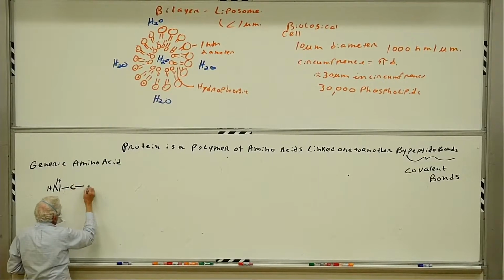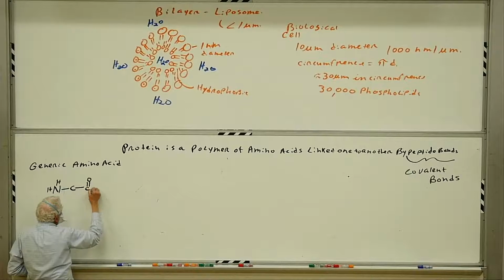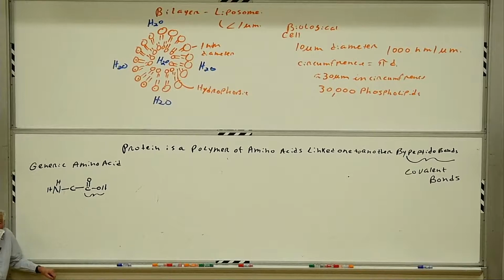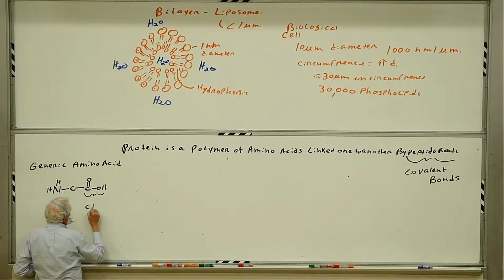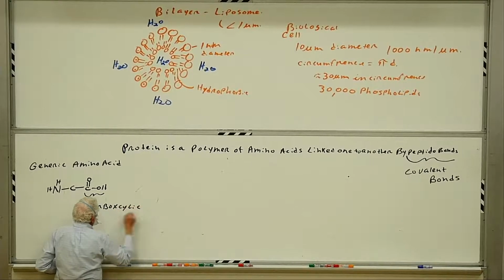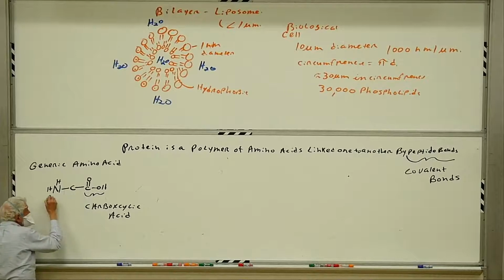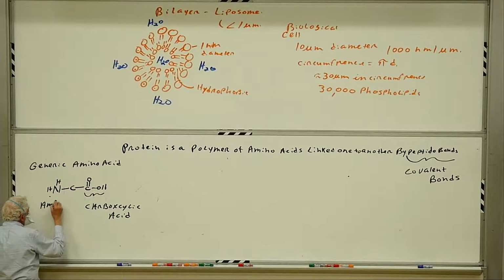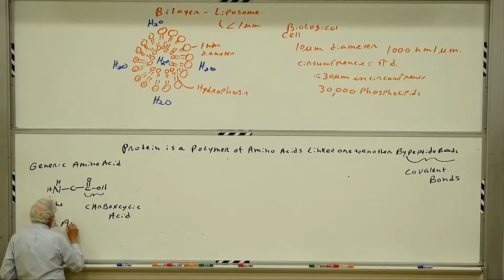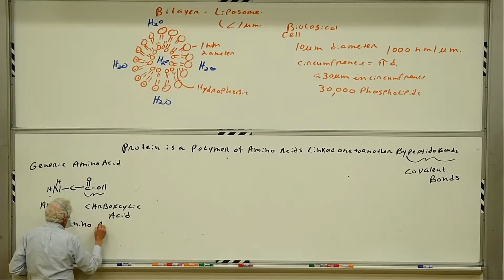That carbon is linked to another carbon with a double bonded oxygen and an OH. You'll recognize this from the discussion of fatty acids. This is a carboxylic acid. This NH2 is an amine. Taken together, that's the name. This is an amino acid.